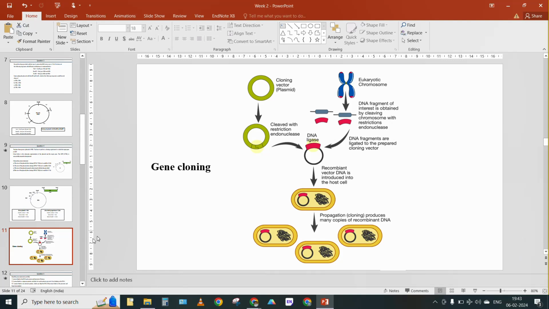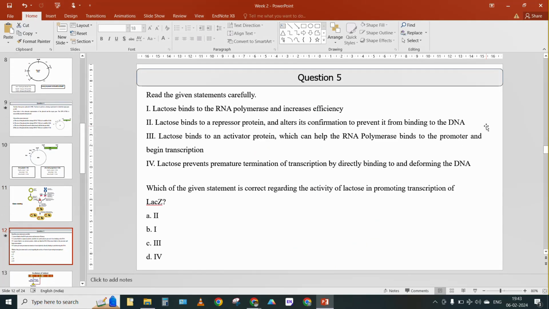Moving forward to the next question, which is question 5. Some statements are given. Statement 1: lactose binds to the RNA polymerase and increases efficiency. Statement 2: lactose binds to a repressor protein and alters its conformation to prevent it from binding to the DNA.